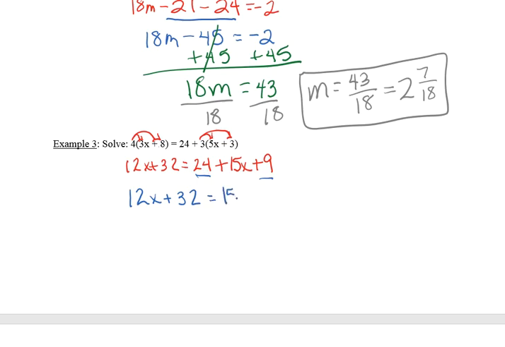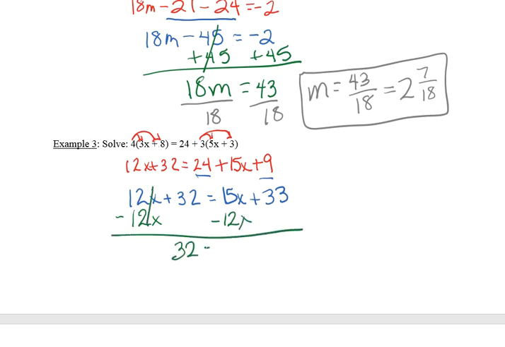I'm going to bring down the 15x first. Now 24 plus 9 gives us 33. So as in the previous section, we're going to combine our variables on each side so that they're on one side. If possible, keep your x's positive, or your variables positive. So I'm going to subtract the 12x so that I can keep them positive.